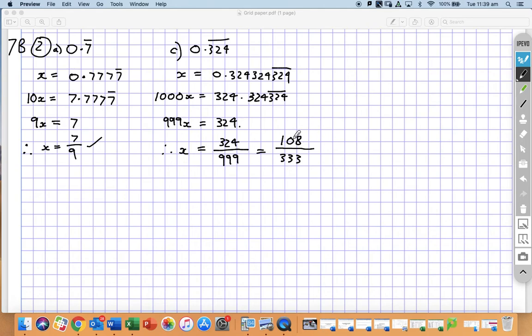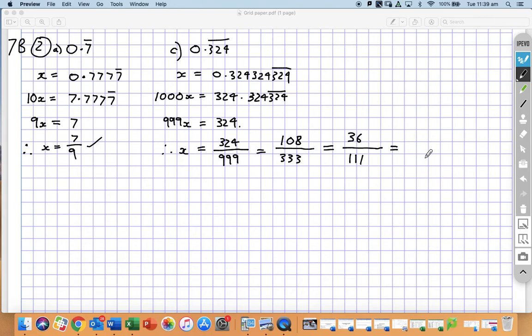Well, 108 divides by 9. I'm pretty sure that will also divide by 9, but let's just divide them by 3 again, because we'll get there in the end. 999 divided by 3 is 333. That will divide by 3. That'll be my next step. 108 divided by 3. Well, 90 divided by 3 is 30, and then that would leave an extra 18, so this will be 36.